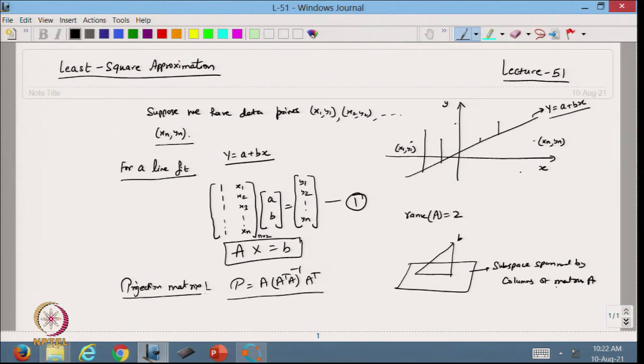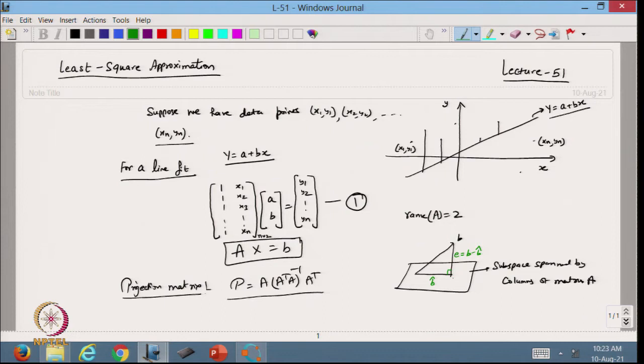This projection I take as b hat, and this is the error, b minus b hat, which forms a right angle triangle.